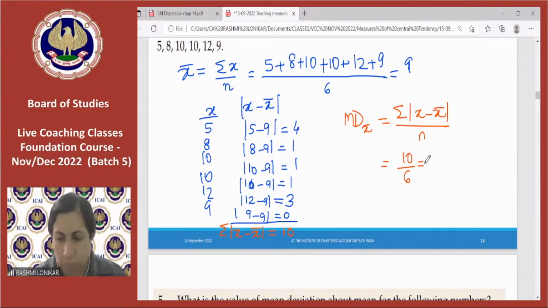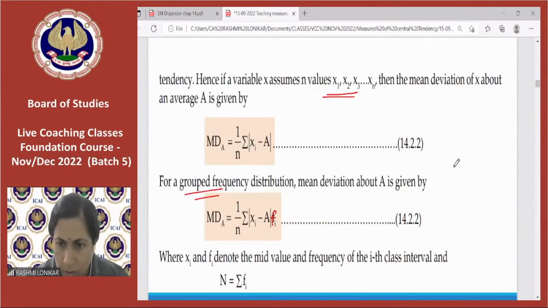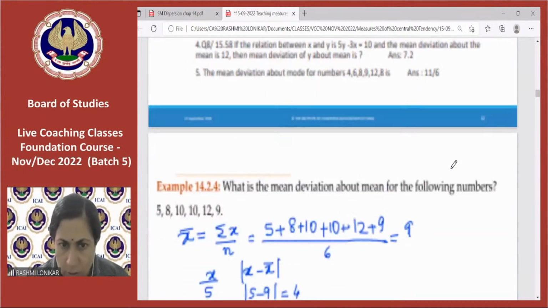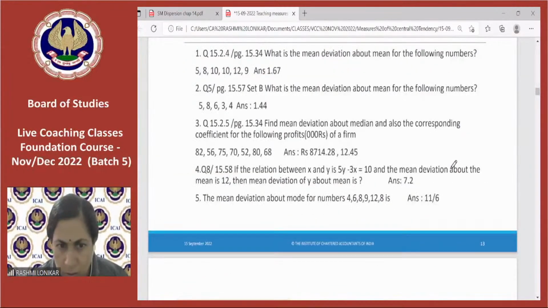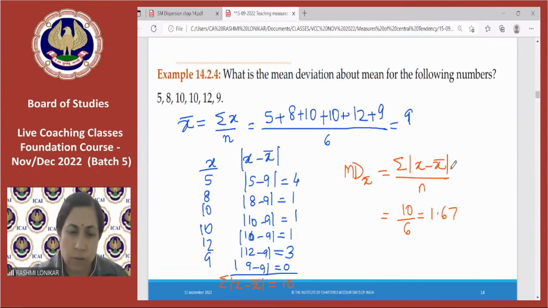Okay, 1.67. Okay, yes, everybody, are you on the right page? Excellent, Lakshita.